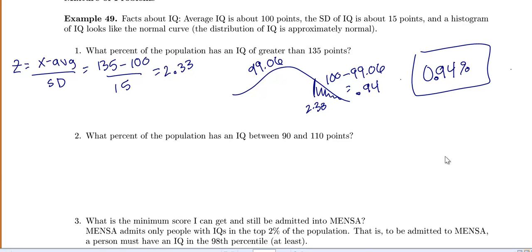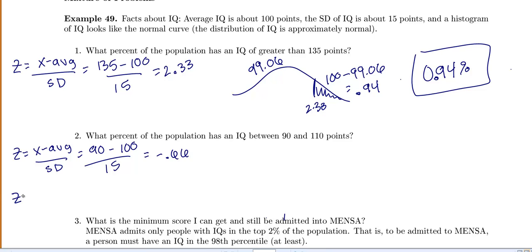Number two, what percent of the population has an IQ between 90 and 110 points? So this is similar, but now I'm going to have two z values. So z equals, again, x minus the average over the standard deviation. So 90 minus 100 over 15 is negative 0.66, and z equals x minus the average over the standard deviation.